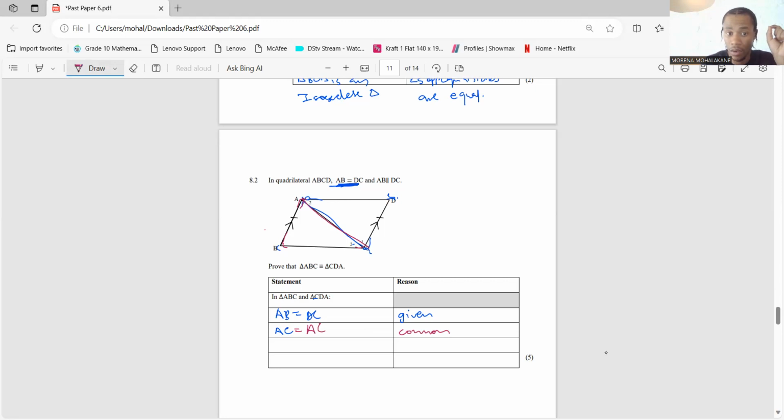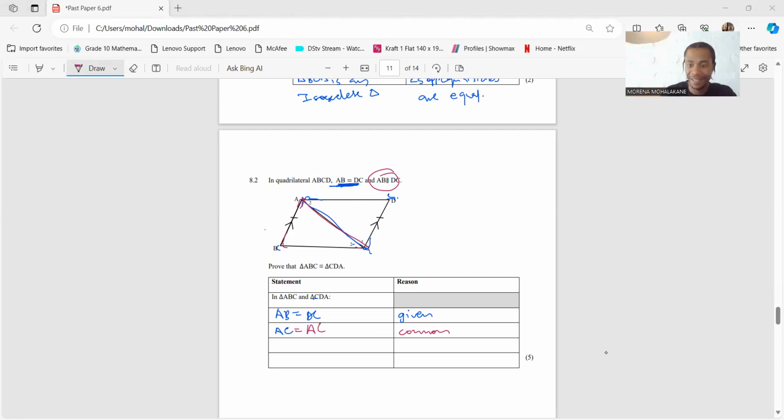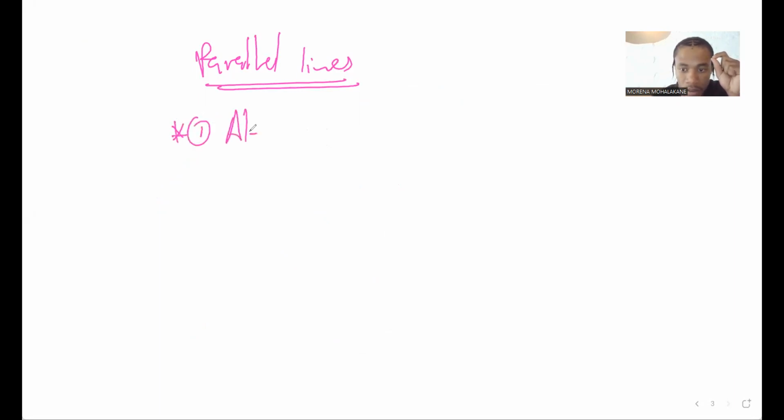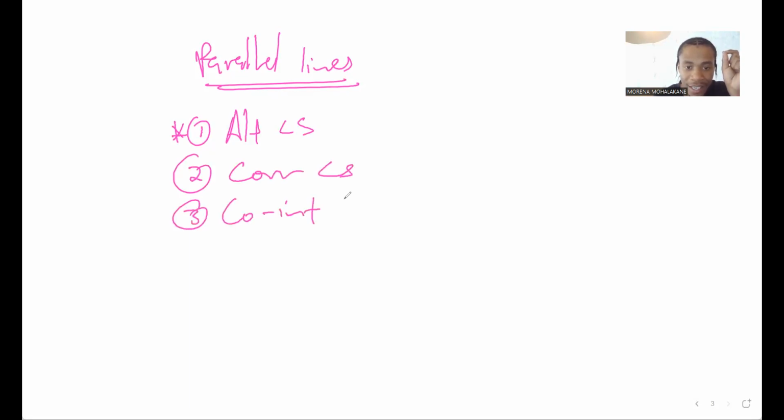There we go. And then now, there's parallel, guys. When they speak about parallel lines, you must think of alternate angles, corresponding angles, and co-interior angles.